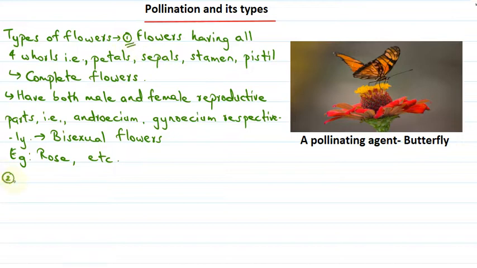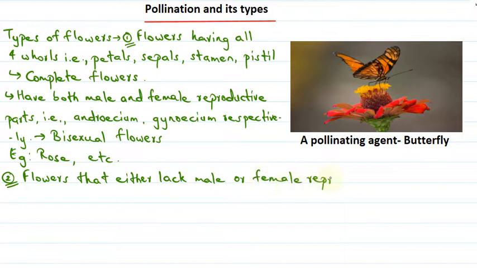Now let's talk about the other type of flower, the flowers that lack either the male or the female reproductive part. In these flowers, either the male reproductive part or the female reproductive part will be missing.